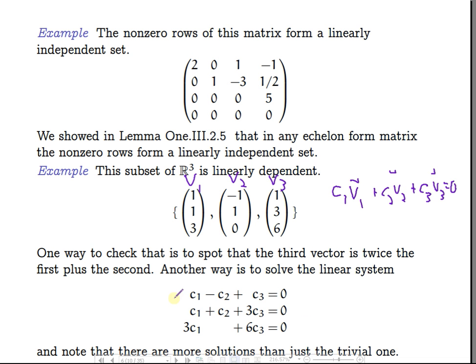Okay, and that's exactly what this system of equations says. This is C1V1 plus C2V2 plus C3V3 equals 0. This is just a homogeneous system, so we can solve this and find out that there are more solutions than just the trivial solution. Therefore, these vectors are linearly dependent.